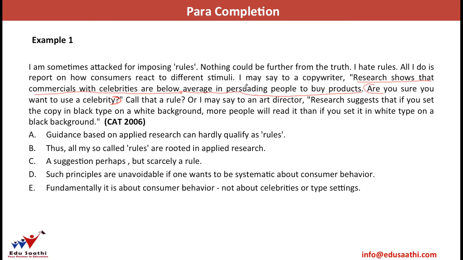But the person who was directing the ad film thought that it is a rule, that if I'm working with this guy who's actually talking to us in this paragraph, he'll not allow you to use a celebrity, right? So in the entire passage, we get an impulse of justification.